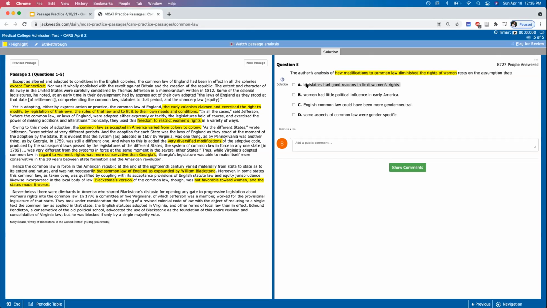So we didn't really talk about legislators and the reasons to limit women's rights, so we can cross that off. And for C, English common law could have been more gender neutral. That's not really, if we're modifying it to diminish the rights of women, that's not really saying that we would make them more gender neutral. So we would cross it off as well.